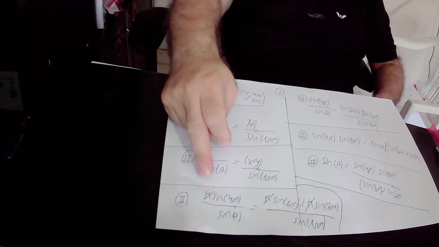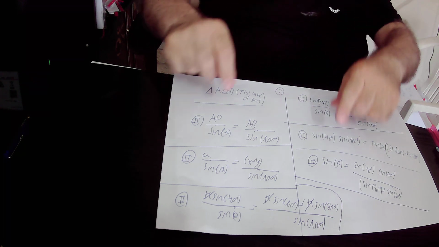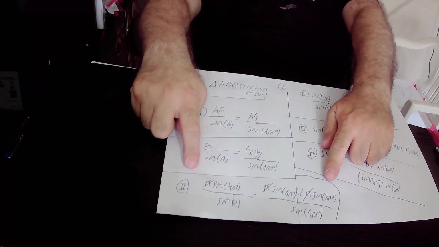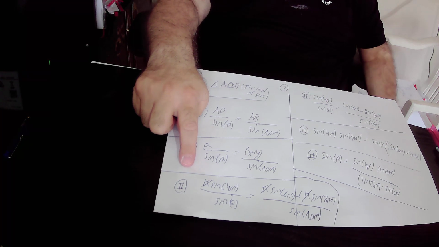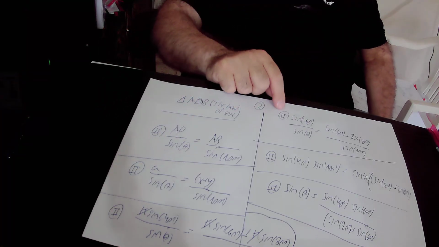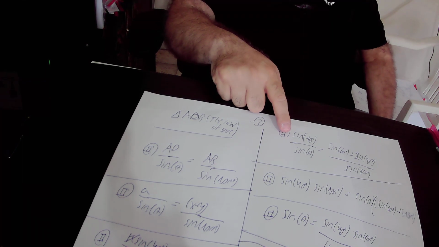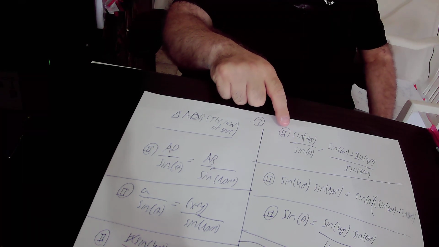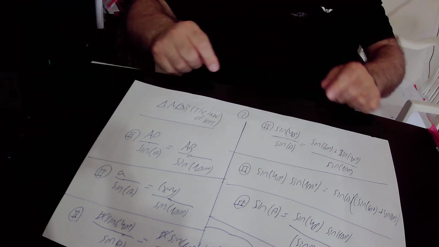And we got this expression. In this expression, we have K on both sides of the equation, so K will get cancelled. And what is left from equation number 2 after we cancel K? What is left is that sine 40 degrees over sine theta equals sine 60 degrees plus sine 80 degrees over sine 100 degrees.